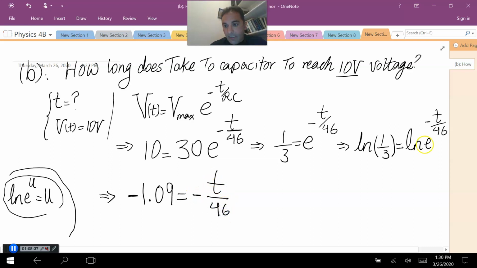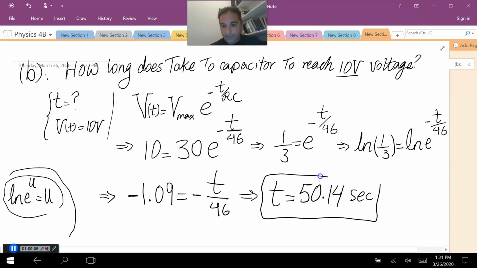So ln e to the power of u will be u. Therefore, time becomes equal to 46 times 1.09. The answer is 50.14. Correct.